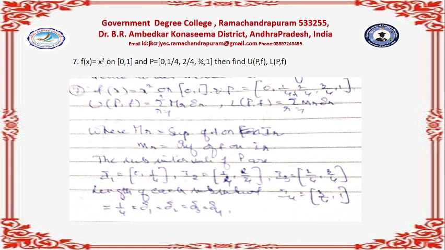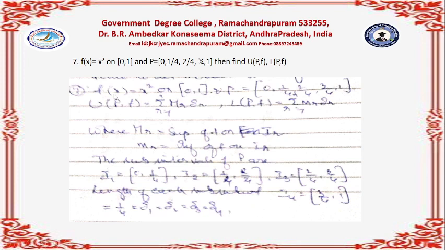Then you are asked to find UPF, the upper Darboux sum of the function f with respect to this partition P, and LPF, that is called the lower Darboux sum of the function f with respect to the partition P.